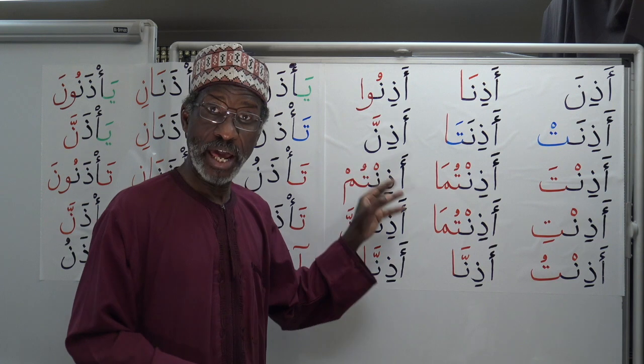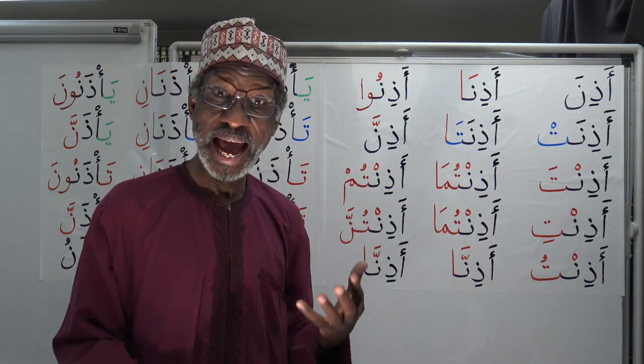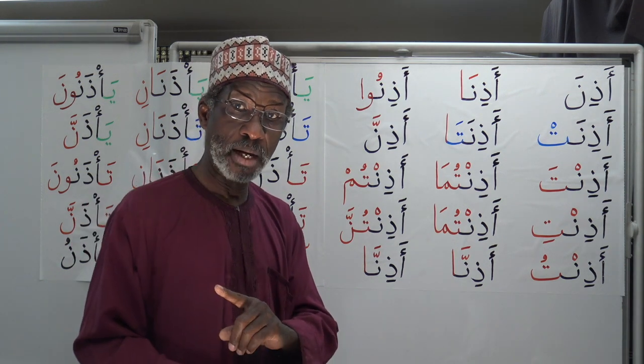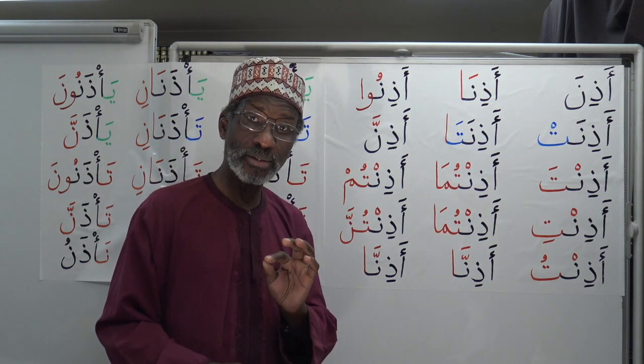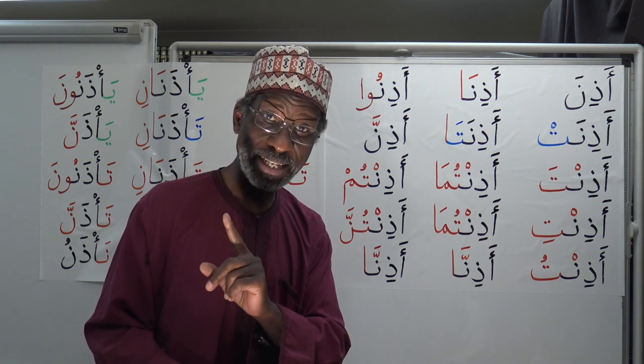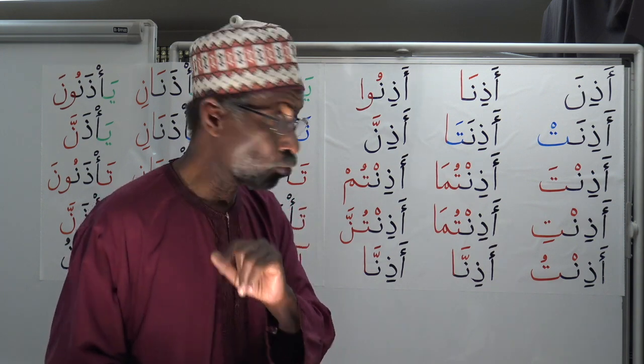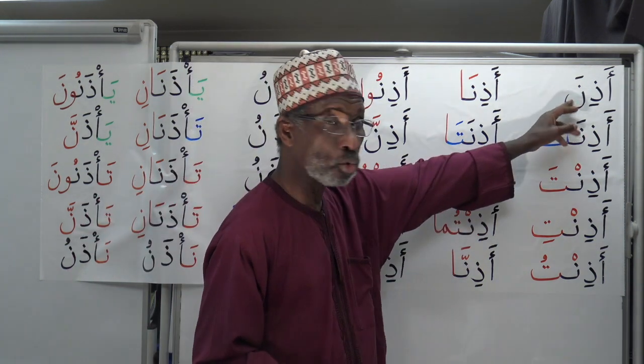Adhinna, they, here meaning 3 or more women, allowed. You may remember that when you say they, meaning 3 women or more, in the past tense, the 3rd root letter must carry sukun. And here, the 3rd root has sukun.